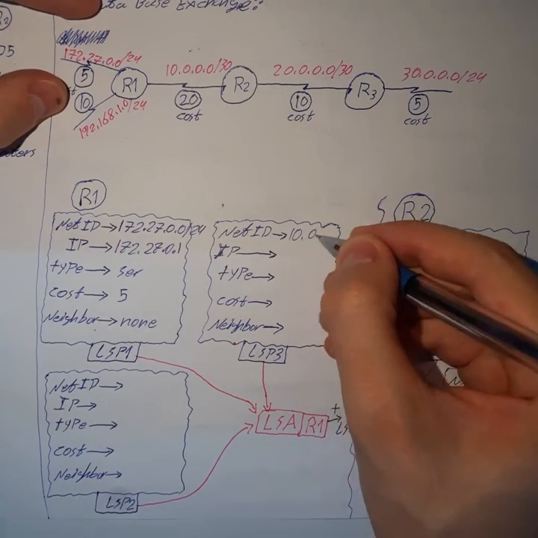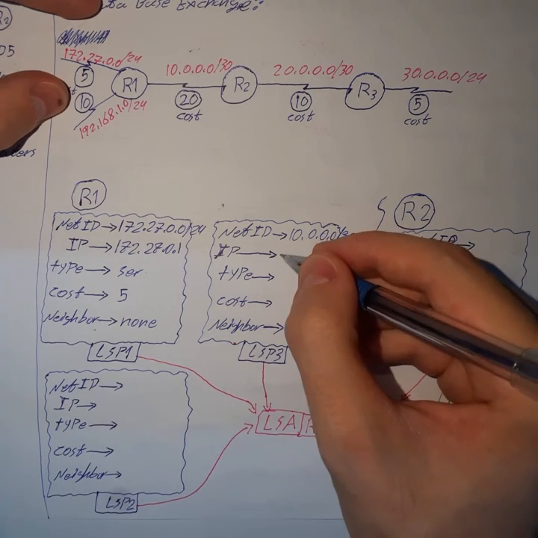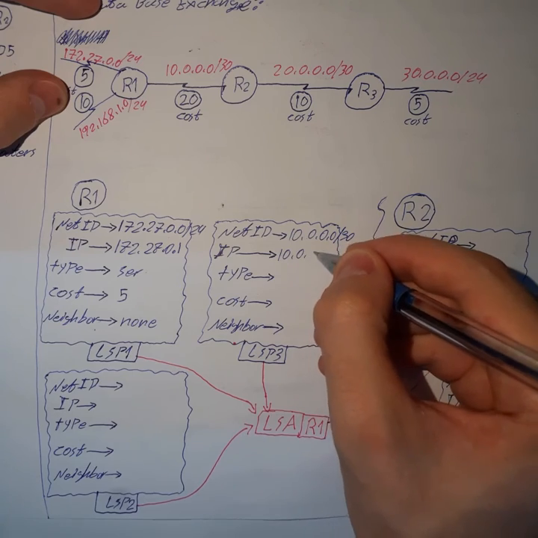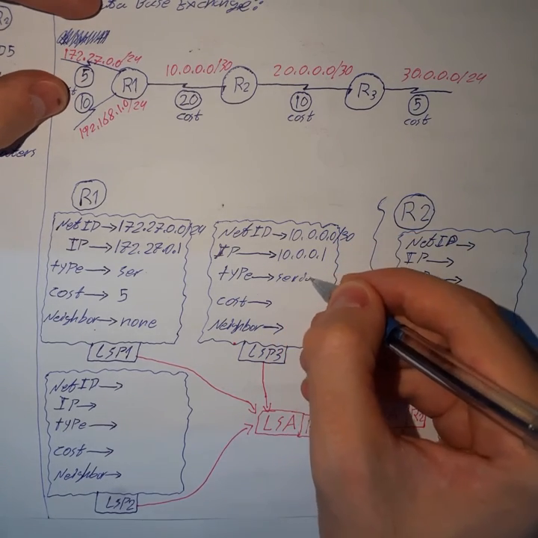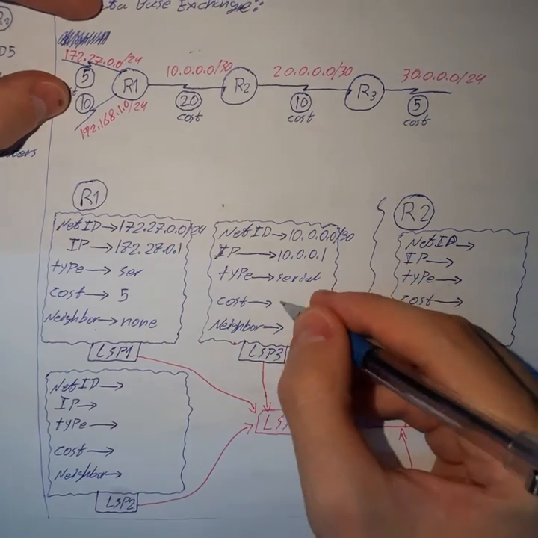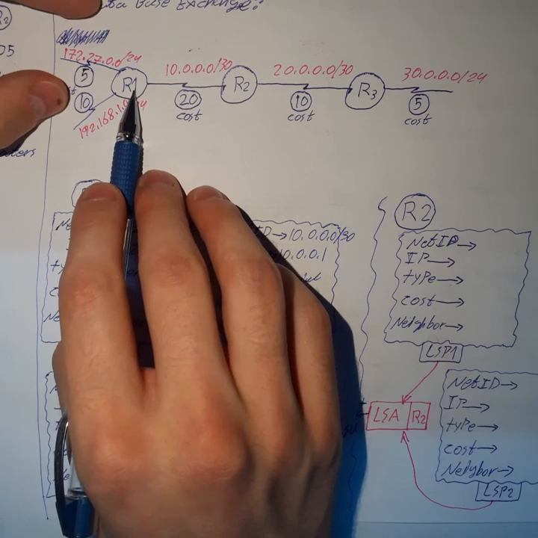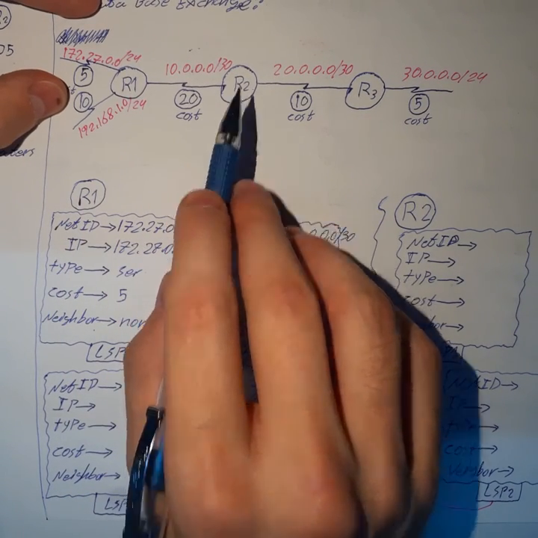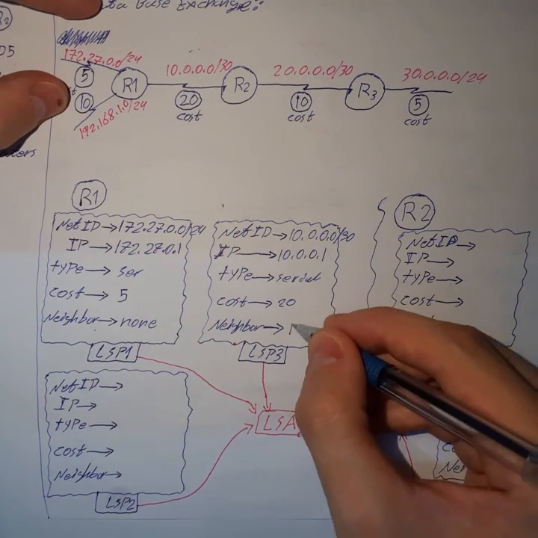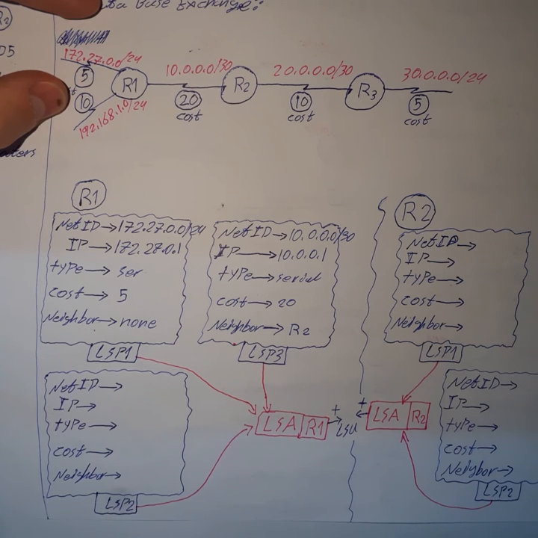So it's 10.0.0.0/30, and the IP will be 10.0.0.1, the type is also serial, the cost is 20 here, and the neighbor. Now for router 1 and this serial, router 2 is its neighbor, so we type here router 2. That's it. I will complete this and return for you.